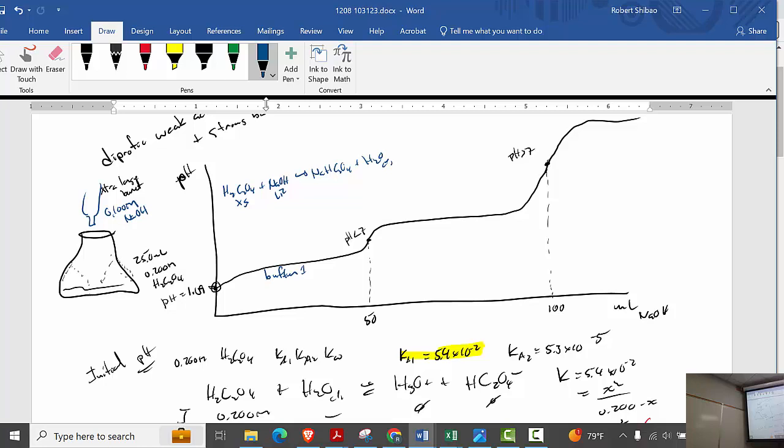And so we're going to have some leftover oxalic acid. The limiting reagent, the LR, is going to go to 0. And so we'll have a mix of oxalic acid and sodium hydrogen oxalate. This is our buffer 1.